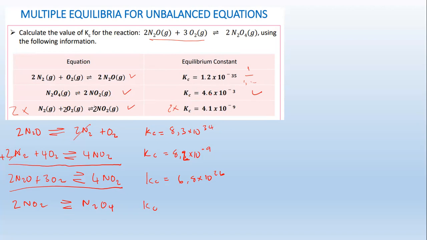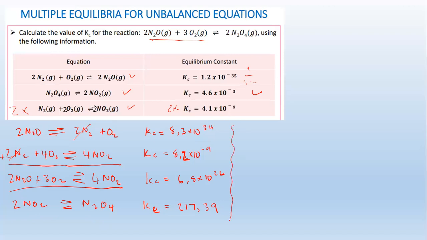So on my calculator, I'm going to say 1 divided by 4.6 times 10 to the power -3, and therefore I get my Kc value here. I get 217.39. I'll just write 39 for the small places. Okay, this is the Kc value of this new equation.